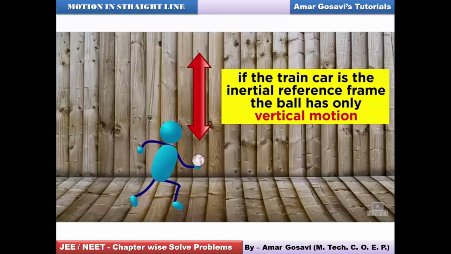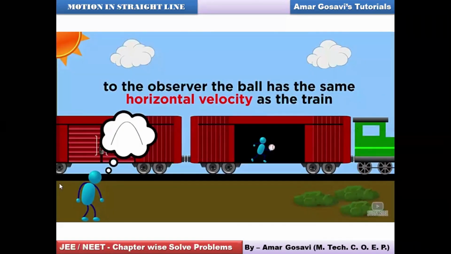Here you can see, if the train car is in inertial frame, the ball has only vertical motion. The person in the train will analyze the motion of the ball only in vertical direction. But if the person was on the ground, obviously I told you how the motion would look. So you can see this is the person on the ground, and for him the motion is not vertical.